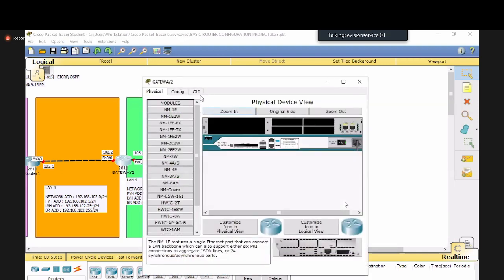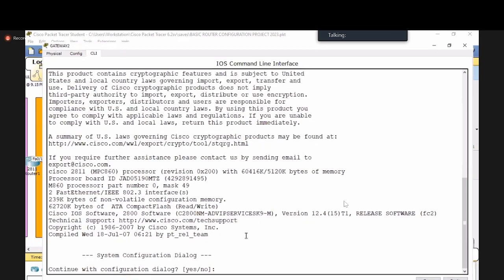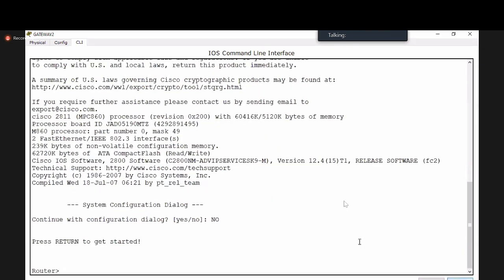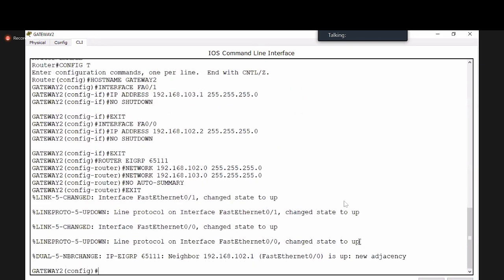Going to gateway 2 CLI, say no, and paste. Take it. Taken.